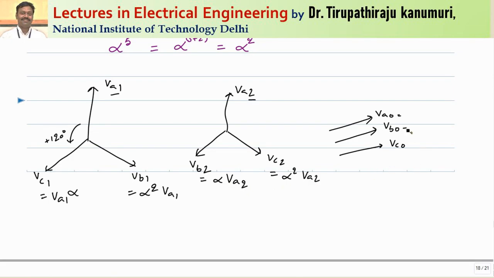Now coming to VB0, VB0 will be equal to VA0 and VC0 is equal to VA0. That means if you can calculate the values of VA1, VA2 and VA0 from the unbalanced loading values, whatever your load values and load condition, either currents or voltages, we can calculate the remaining components using the vector operator, that means alpha, alpha square and so on.